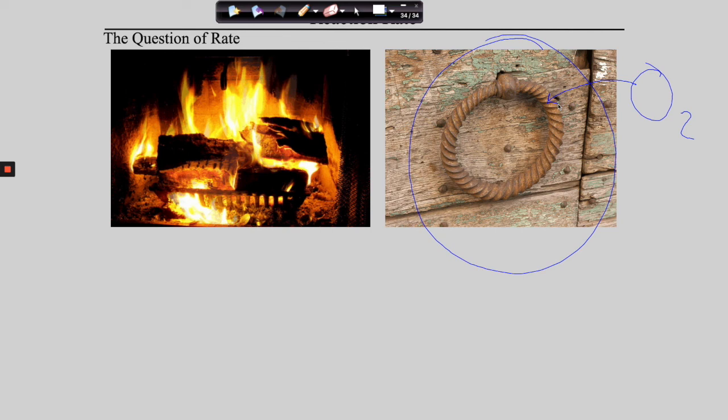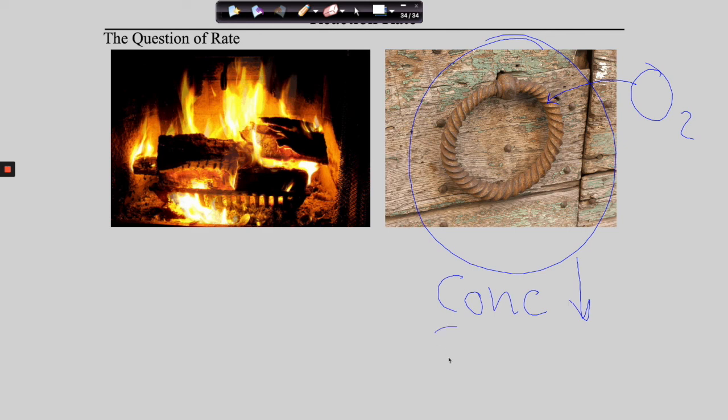And as a result, it doesn't rust as quickly because the concentration of available iron is actually lower. So we do have a concentration issue going on over here because the concentration is low, because there's not that much iron available to rust because it's coated in rust.